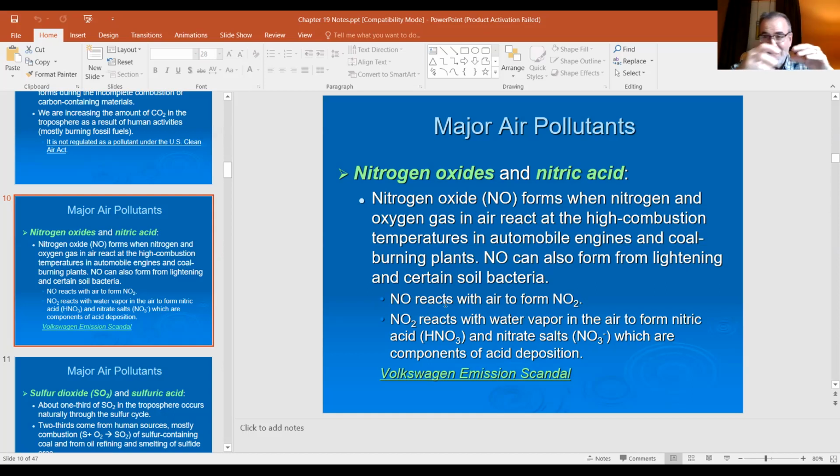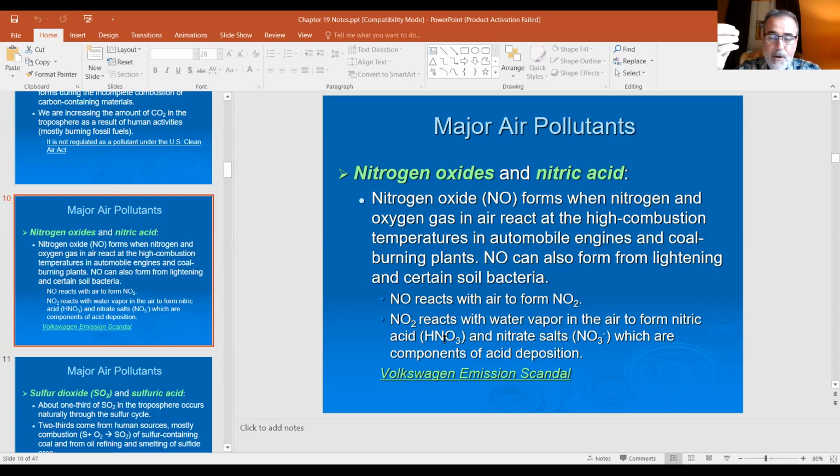Then, as it's leaving, there's oxygen in the air that forms nitrogen dioxide. The nitrogen dioxide then reacts with water vapor, humidity, rainfall, all that kind of stuff, to form nitric acid. There you go. So it starts with the combustion heat.